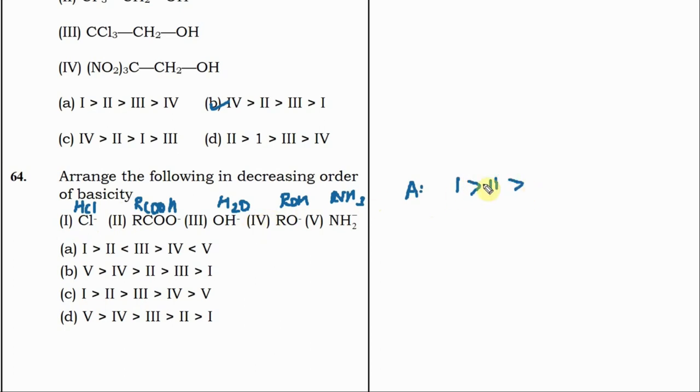Greater than, I know that my alcohol is not as good as water. 3 greater than, 4 greater than. Nitrogen, NH3, is a base. So if you look at its acidic character, since it is a base, my acidic property will be very low. So last. So basic character is opposite for the conjugate base. So you are going to have 5 greater than 4 greater than 3 greater than 2 greater than 1. Delta.